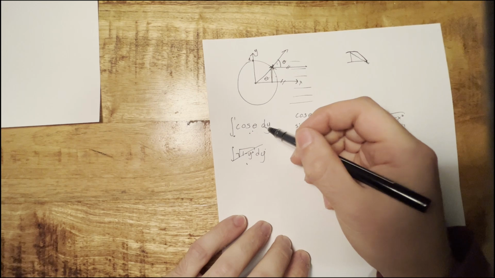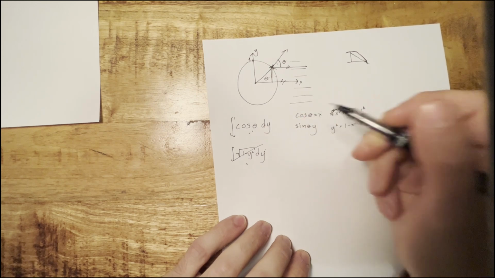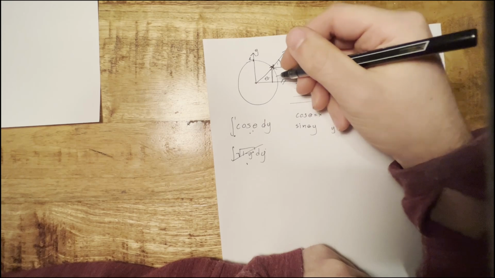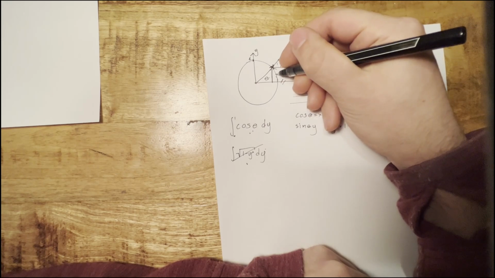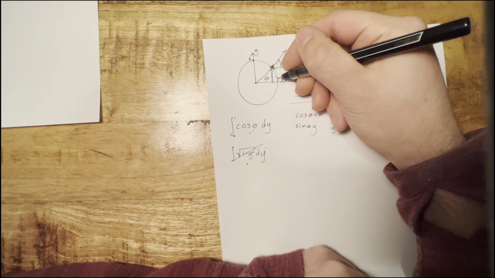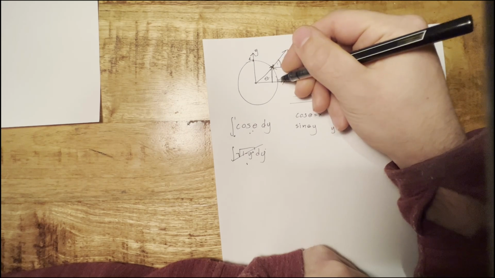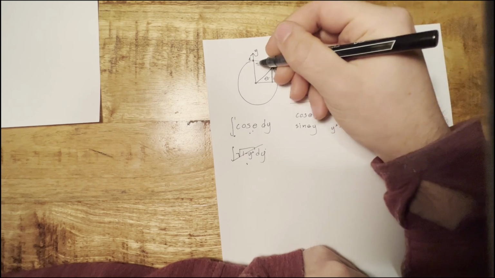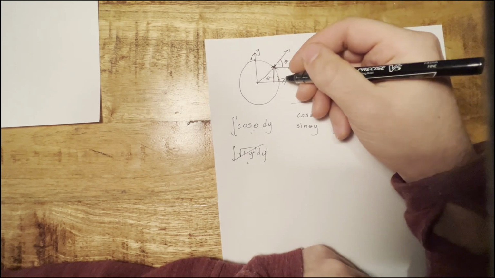Instead, let's figure out how dy is related to theta. And what I do know is that as I turn theta, as I make a change in theta, the amount of y that changes is going to change. So here it's going to change quite fast. Here it's going to change quite slow.